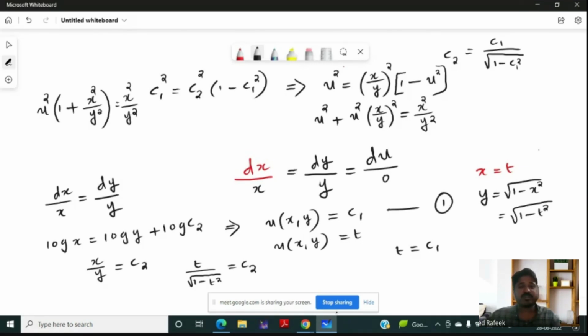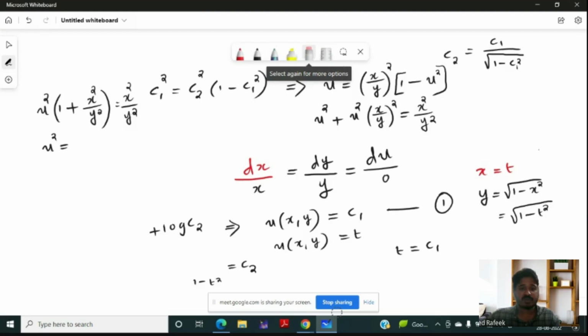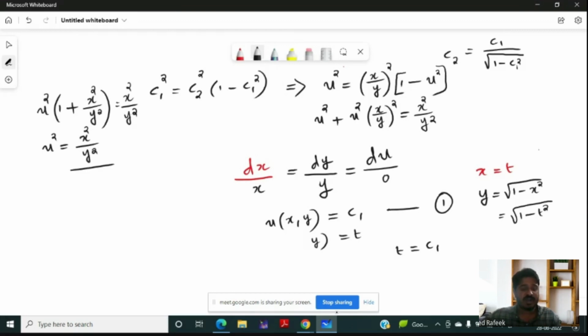So u square is equal to x square by y square divided by 1 plus x square by y square. From this, with cross multiplication and everything, you will get x square by x square plus y square.